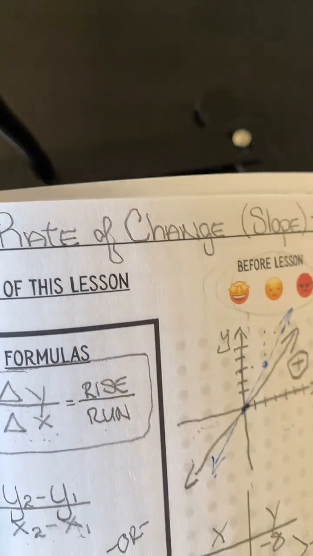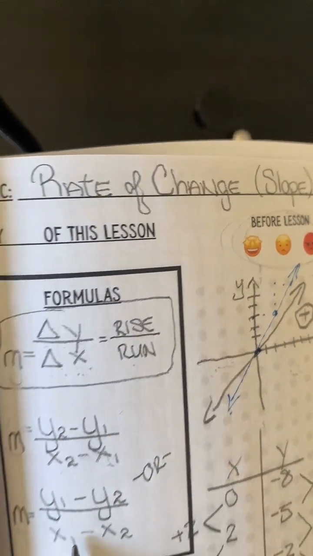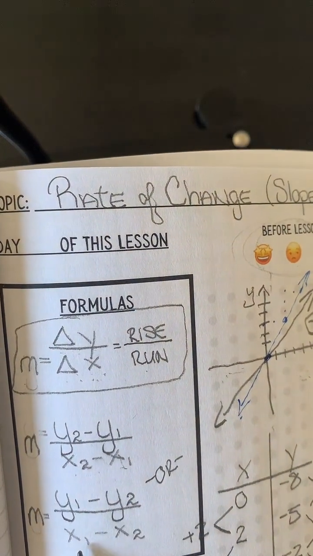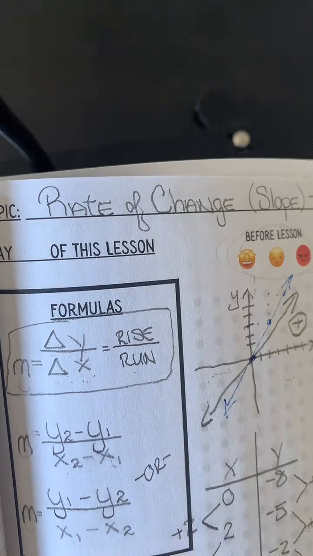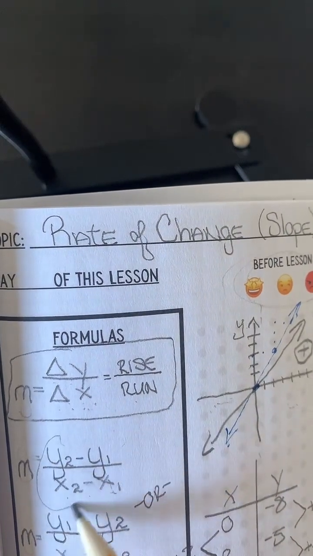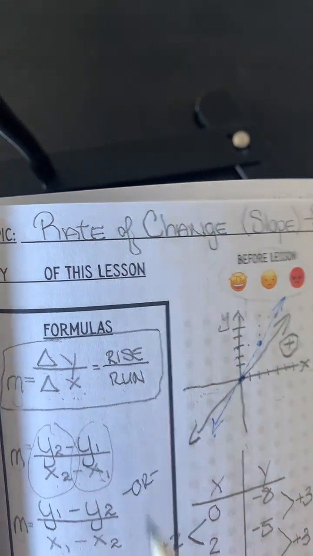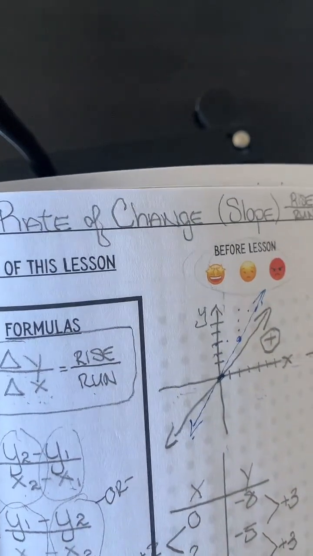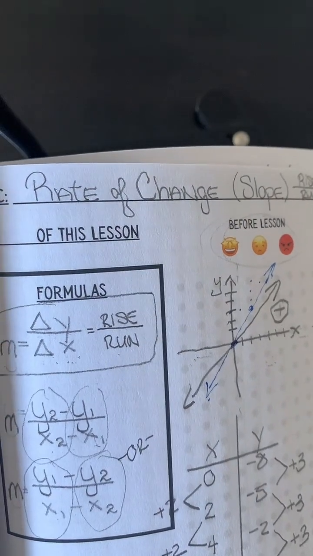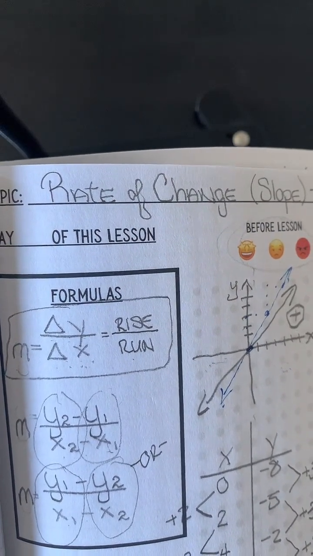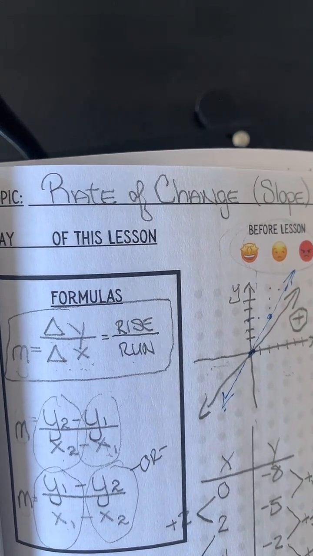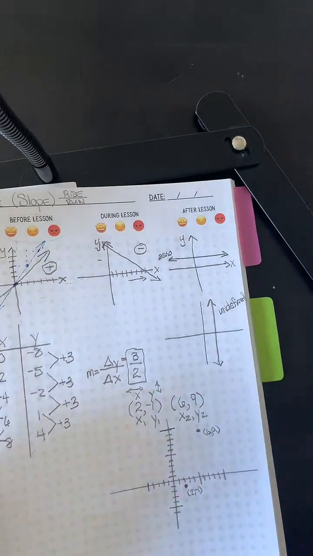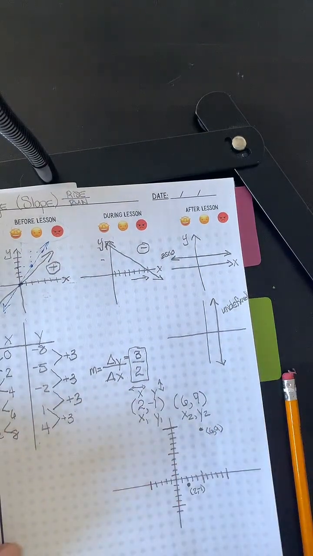So I like to go from left to right, which will give us y1 minus y2 over x1 minus x2. Notice the 2's and the 1's are always at the same levels. As long as those are lined up, you can use it either way. It really doesn't matter. So what I want to do is take these numbers.